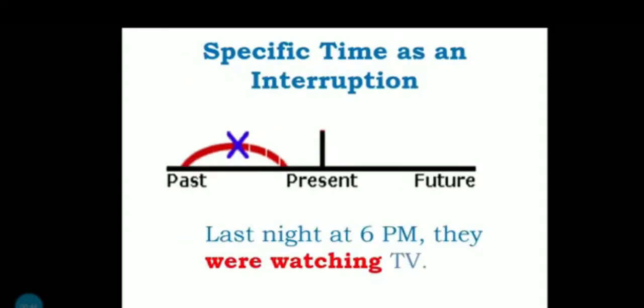We also use the past continuous tense to express the idea that a longer action is interrupted by a specific time in the past. For example, last night at 6 p.m. they were watching TV.